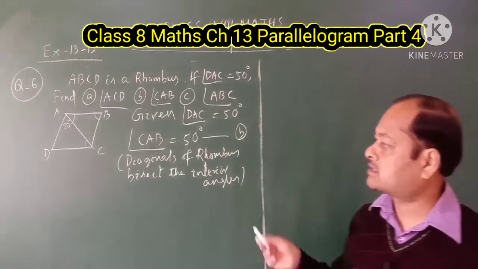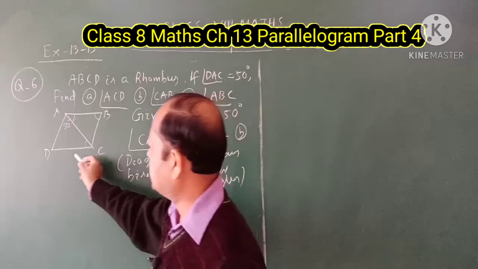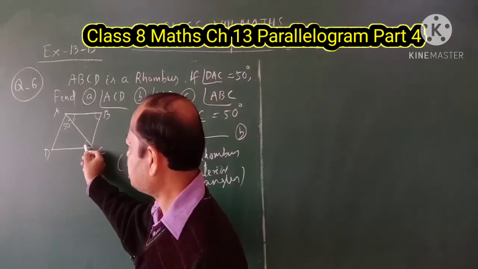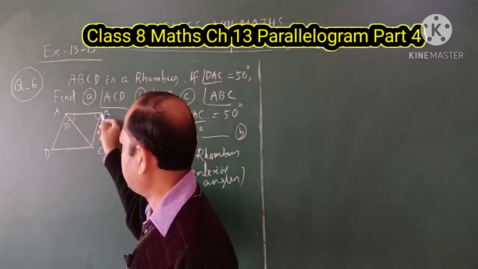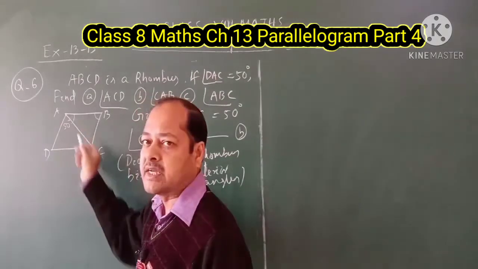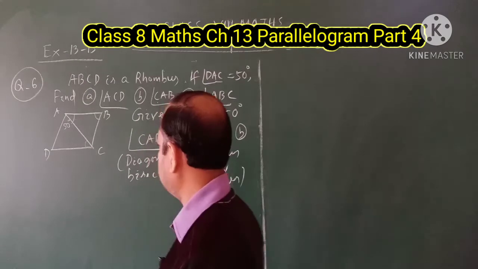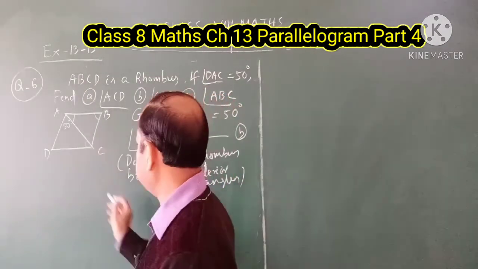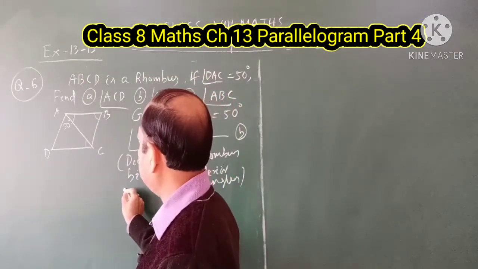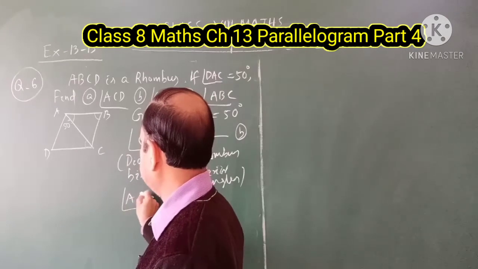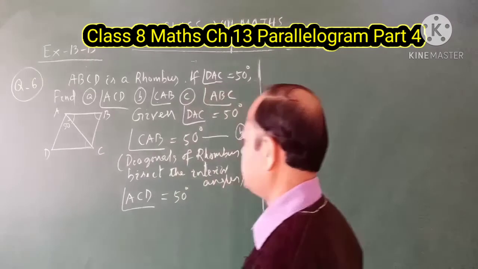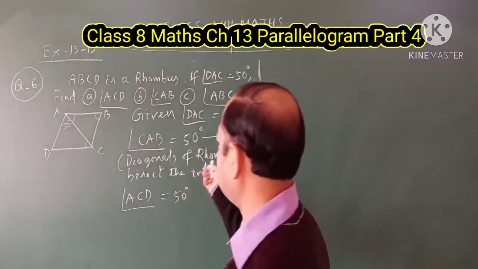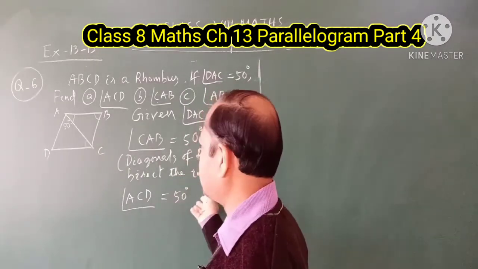Now come to the next question, where we have to find out this angle. So this is opposite of this one. So angle DAB and angle BCD are opposite angles. So this also 50 degree, because it is bisector. Again, write down angle ACD equal to 50 degree. Same reason you can write down, diagonals of rhombus bisect the interior angles and it is opposite.